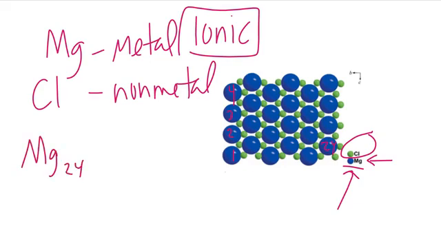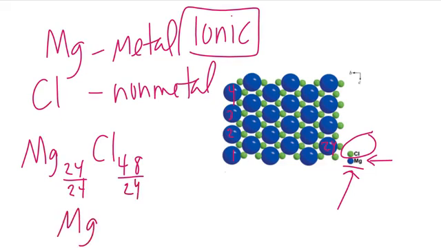Mg24. And then chlorine are my green dots. So I'm going to count all those green dots. There should be 48 of them. So to find the least common number between them, I'm going to divide both sides by 24.